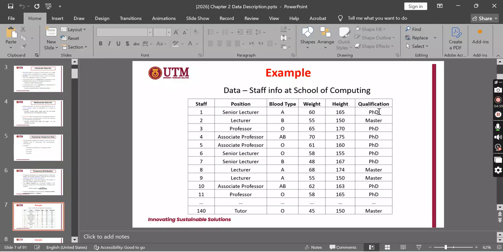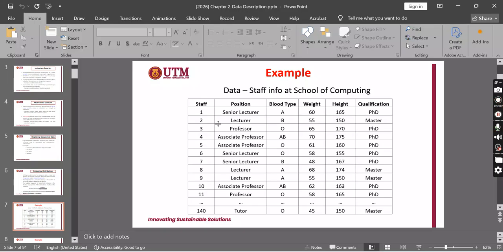Now if you are looking at this table and it contains 140 persons, you cannot understand anything. You cannot understand a table containing 140 entries, and for each person you have 5 pieces of information, so it's not easy to understand. So what should we do?